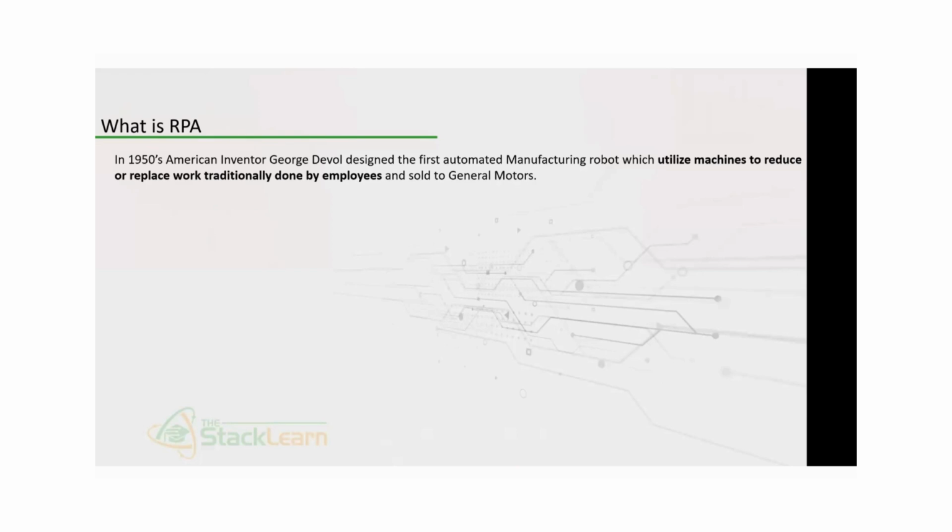Currently, you know about the car manufacturing companies, where most of the assembling of a car is done by manufacturing robots. So initially, it started with the manufacturing robot, and the same thing was implemented in the software industry. The same automation, but in software, they call it robotic process automation.